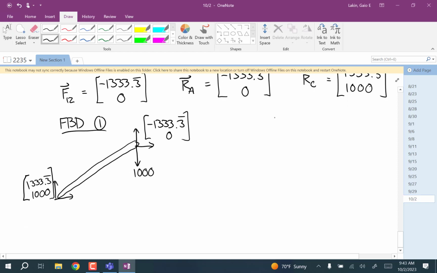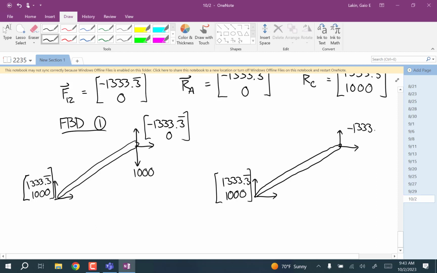And so if you combine the force vectors acting at that same spot, you get 1333.3 repeating, 1000 down here. And up here, you get negative 1333.3 repeating, negative 1000.